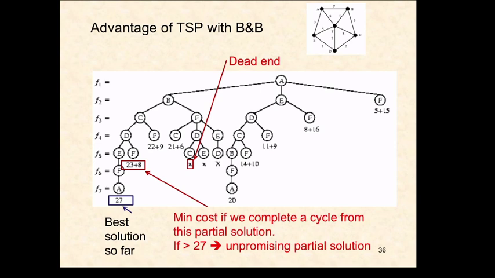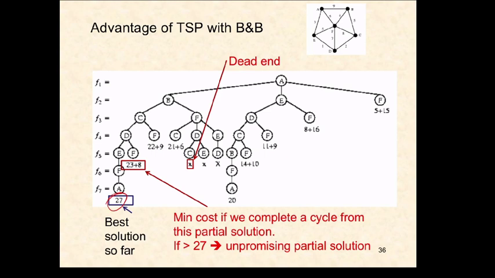Now we can ignore the dead ends. What we also want is an estimate of my remaining cost. For instance, if we started out with infinity, we would find that 27 is our best so far.